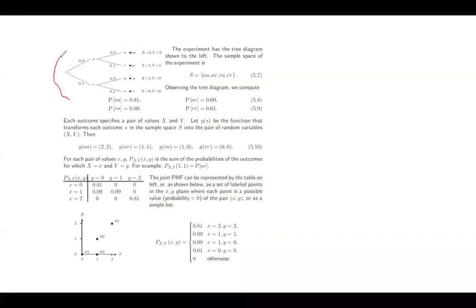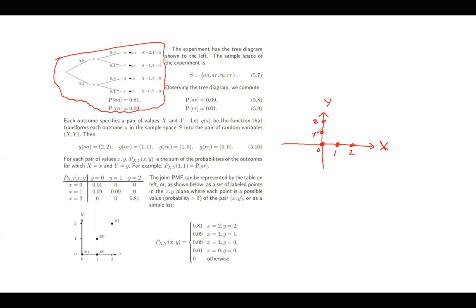So we construct this tree diagram. Now we'd like to construct the joint PMF. To construct the joint PMF, remember the plane again. Here is X, here is Y. The range of X could be from 0, 1, and 2 maximum. So this is 0, 1, and 2. For Y, again, it could be 0, 1, and 2.